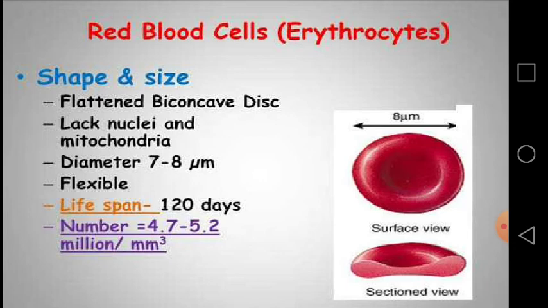These cells are very flexible so that the red blood cells can move through the smallest capillaries in the body. The lifespan of the red blood cells is 120 days. And these are present 4.7 to 5.5, and in some books 5.2 is mentioned, millions per cubic millimeter of blood. So this is the description about the red blood cells.